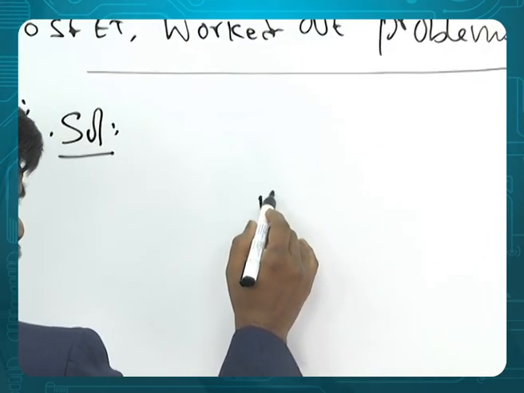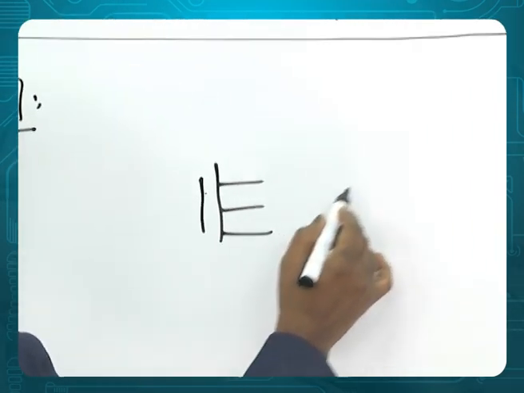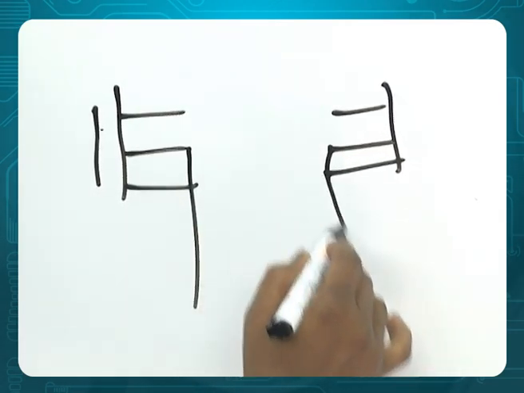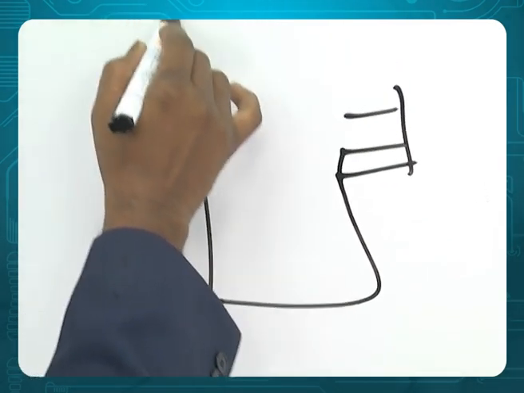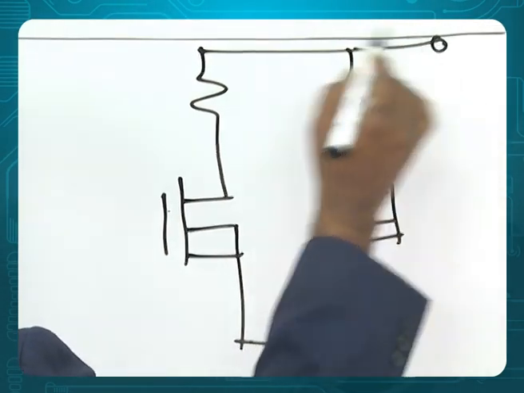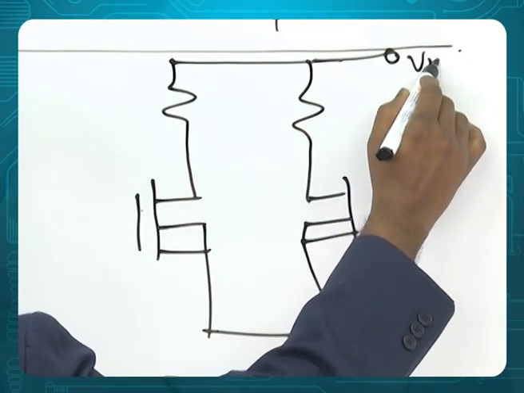Take for example a MOSFET like this. This is a MOSFET we have. Take like this. They are connected in parallel.